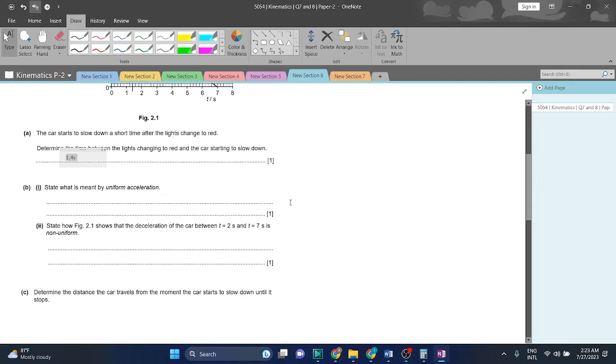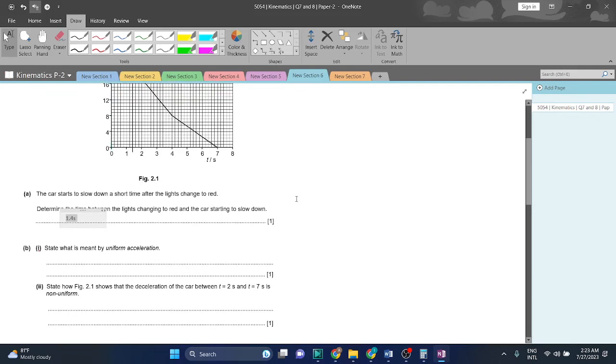State what is meant by uniform acceleration. Uniform acceleration means a set amount of acceleration. For example, the acceleration is 3 meters per second squared, so the velocity will change uniformly: 3, then 6, then 9, then 12.